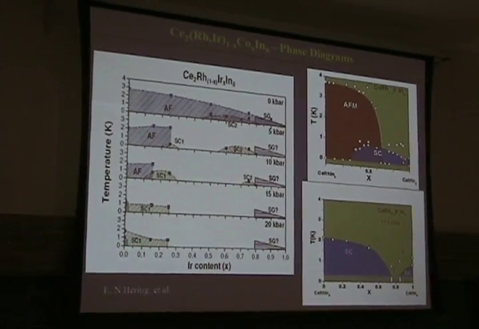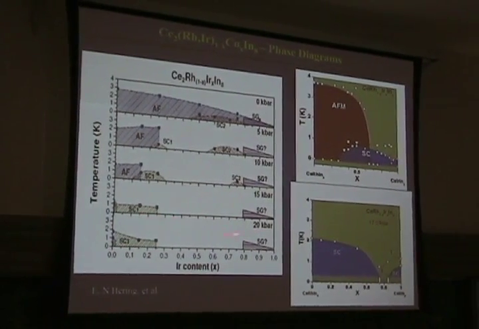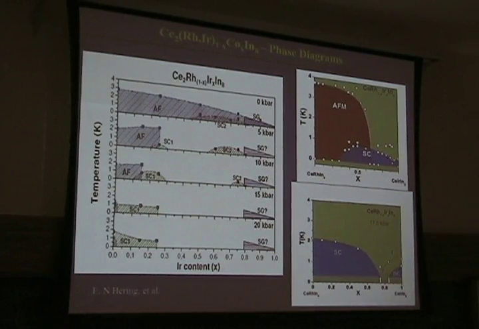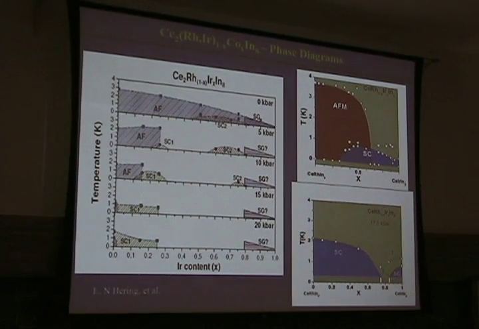But if you look at the energy scales of the temperature for this phase diagram, and also the range of concentration where you can find superconductivity, you can see that T_c is around 1 Kelvin, a factor of 2 less, it's a half, right? And also the range of occurrence of superconductivity is much smaller.